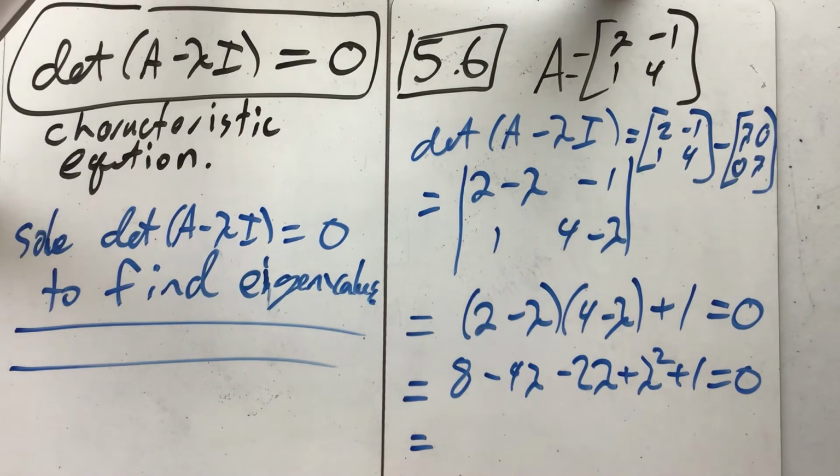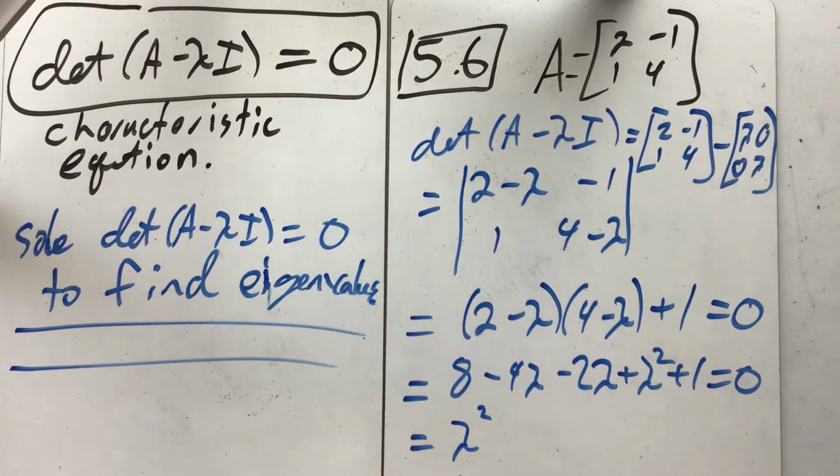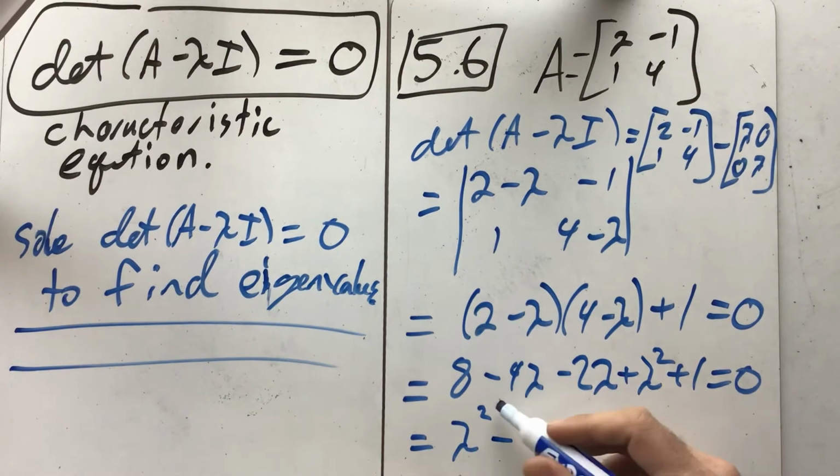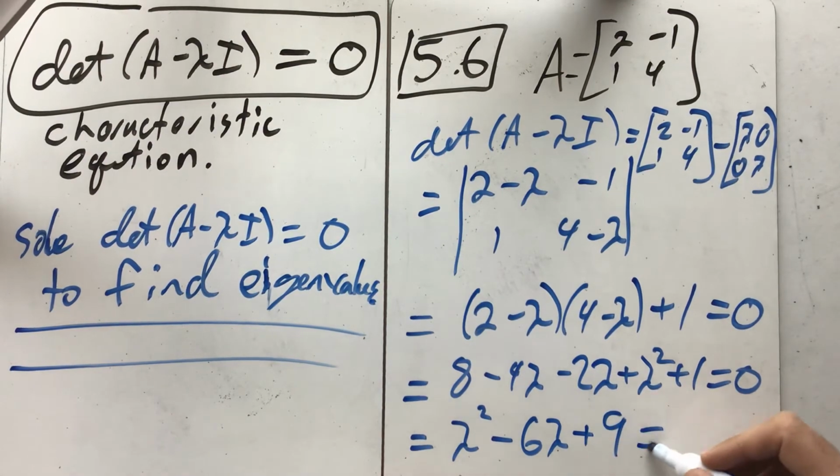Let's put our lambda squared up front. Lambda squared minus 6 lambda plus 9 equals 0. So that looks like what we've got.